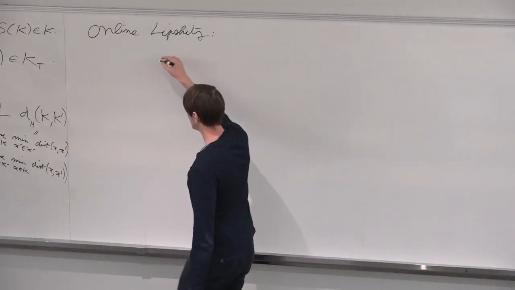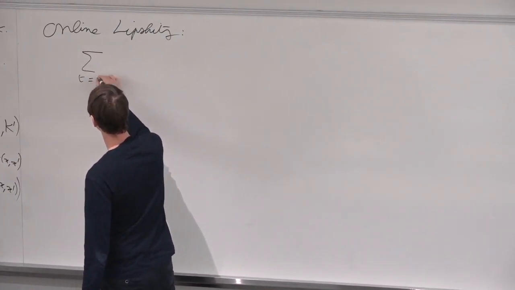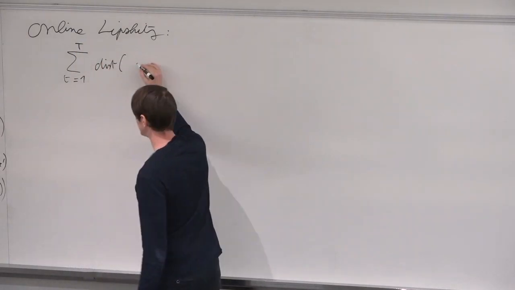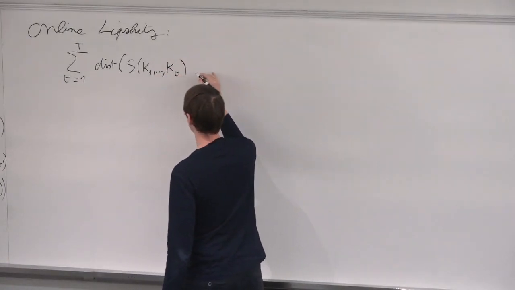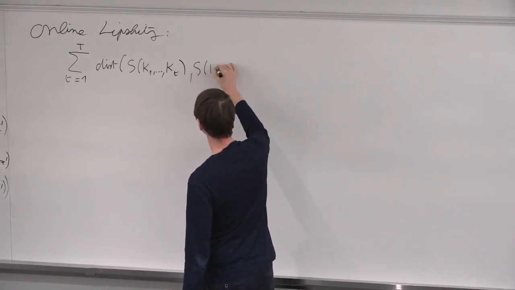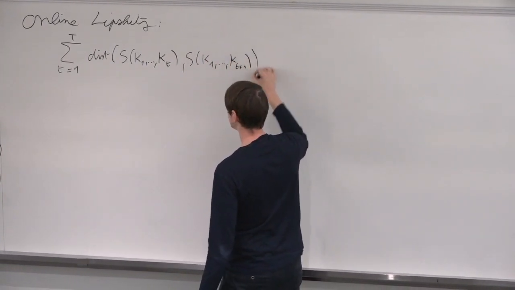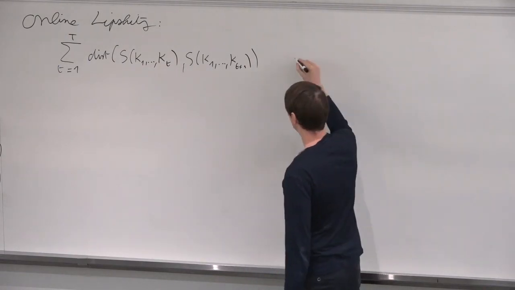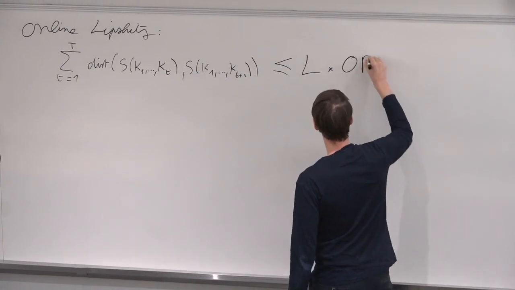So online Lipschitz: I look at my cost, the sum for t from 1 to capital T of the distance between S of K1 up to Kt, and S of K1 up to Kt plus 1. This is the total distance I travel to satisfy all of those requests. And I want this to be comparable to L times opt.